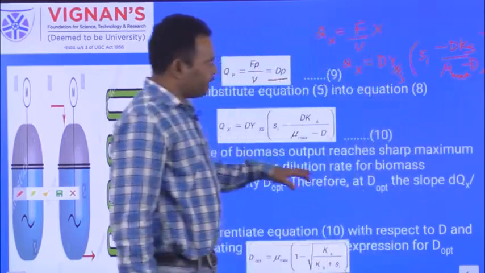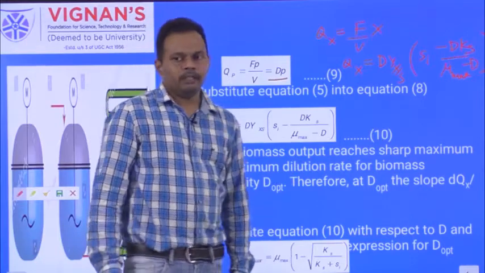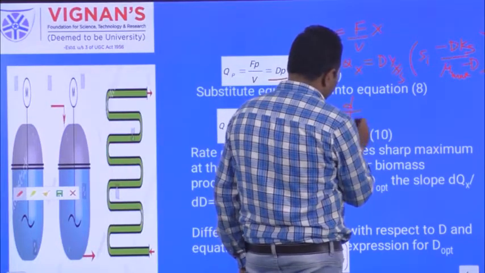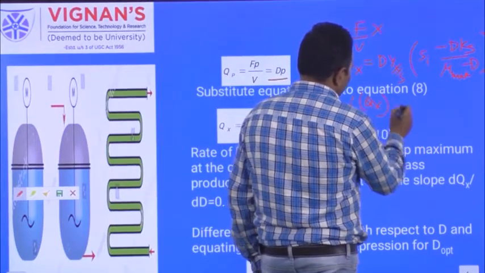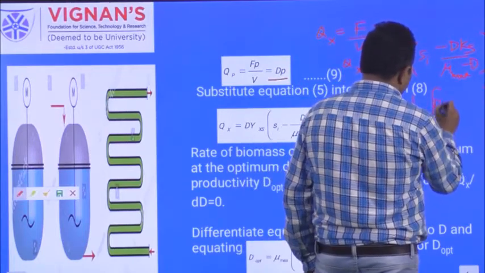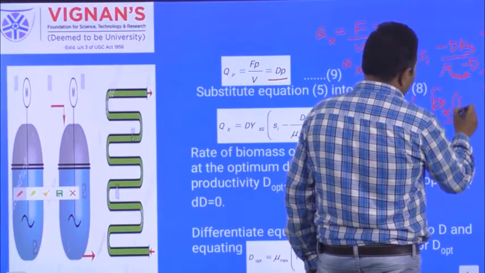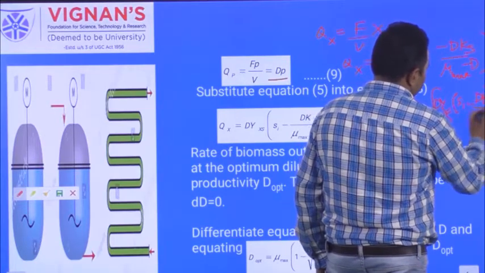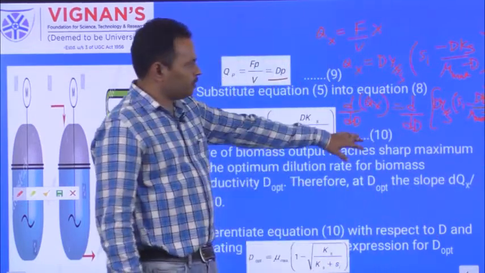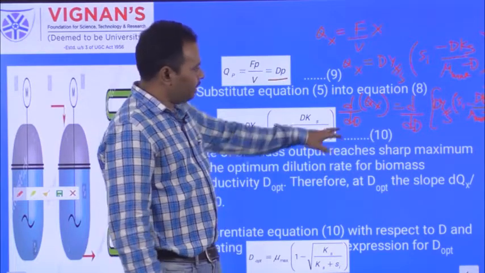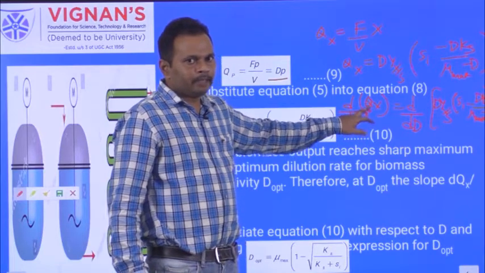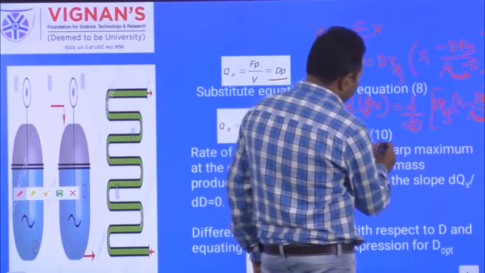Differentiate this equation with respect to dilution rate on both sides: dQx/dD equals d/dD of this entire term, Yx/S into Si minus D Ks by mu max minus D. On the left-hand side, if you want to make Qx maximum, for a maximum or minimum the first derivative is 0, so make it 0.